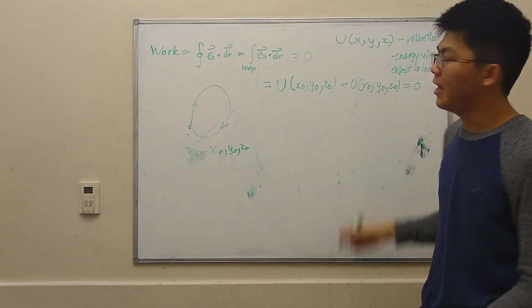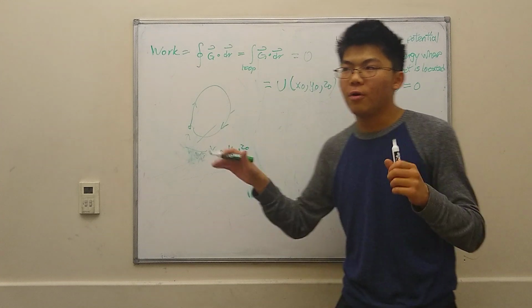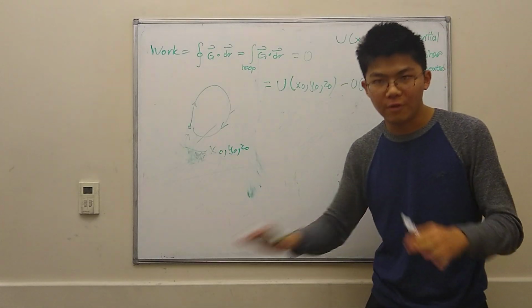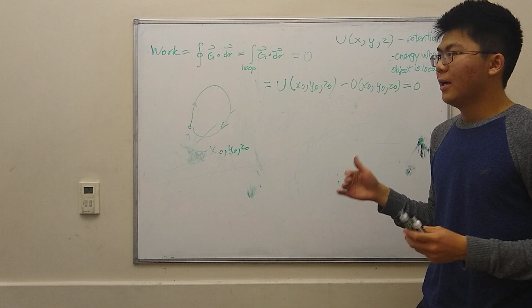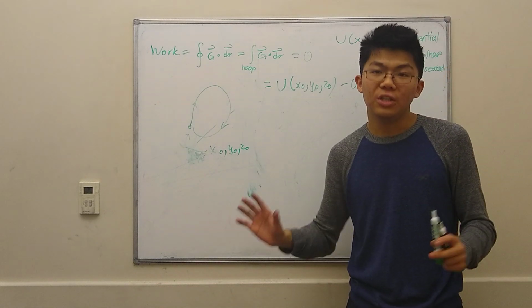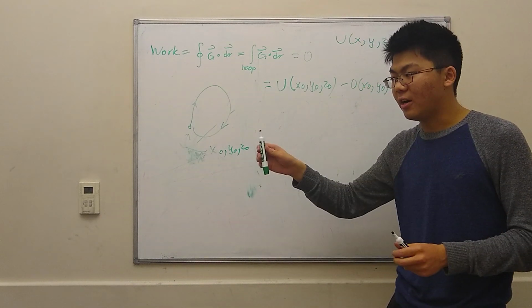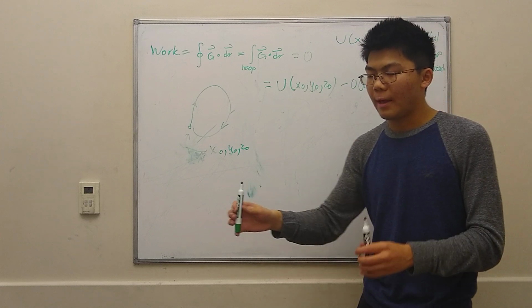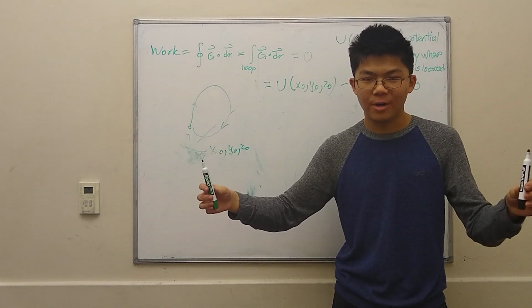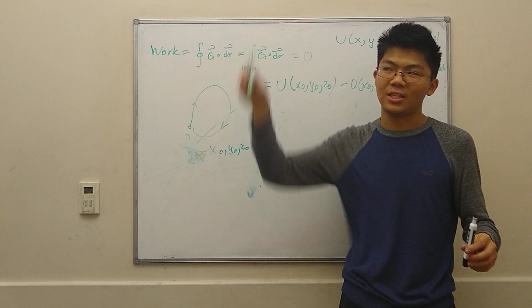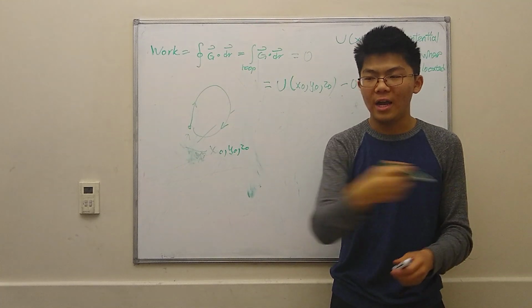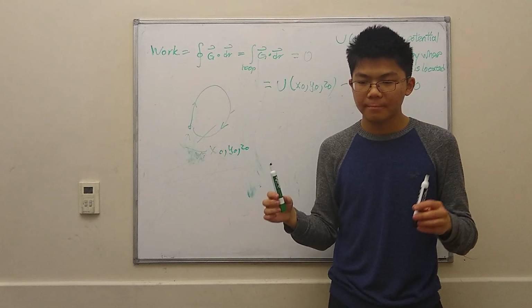And just to clarify, for potential energy for the Earth, our x and y actually don't matter. It's actually only our z. So if I have this marker right here and this marker right here, let's say the z-axis is our height, and the x and y are located right here.